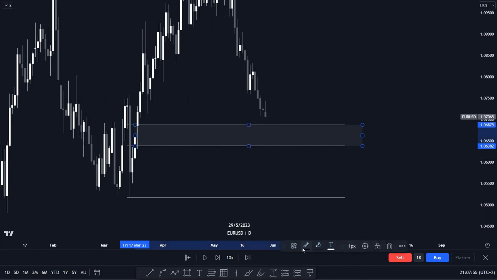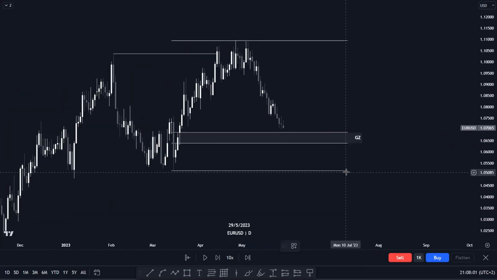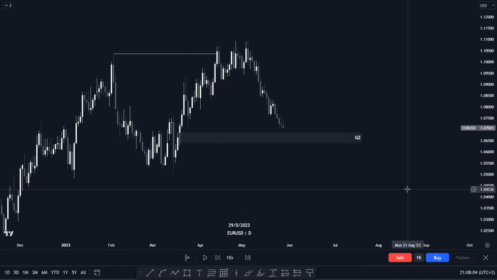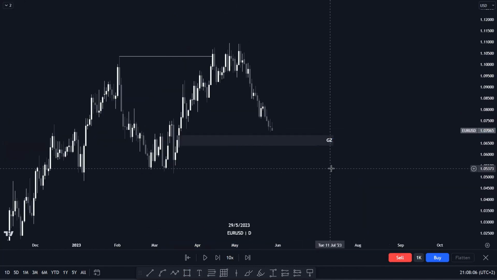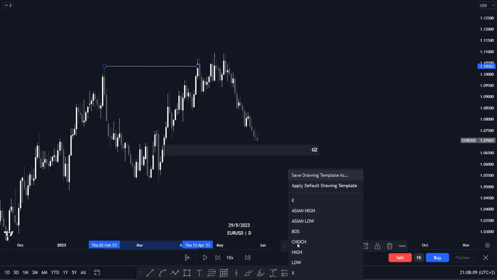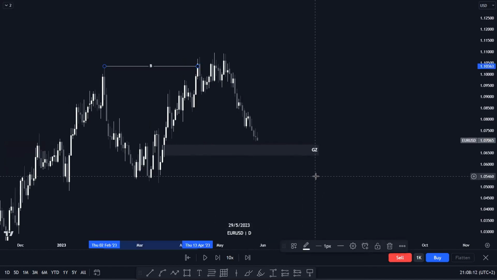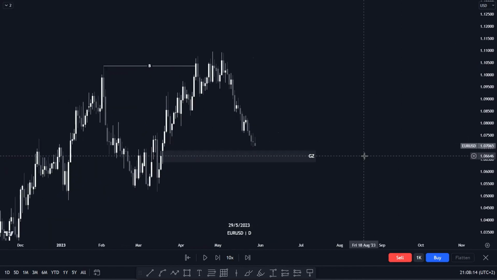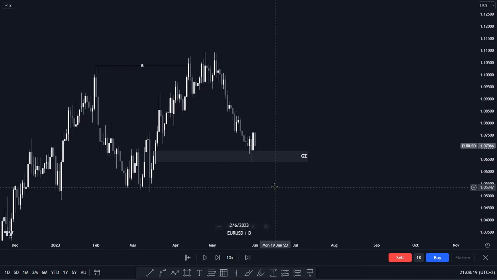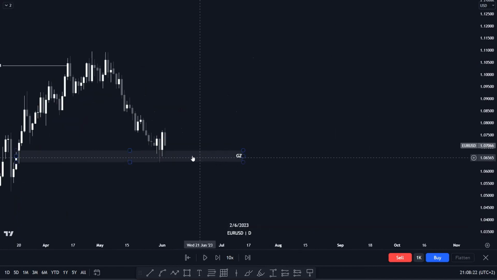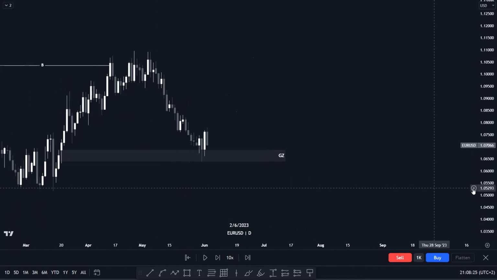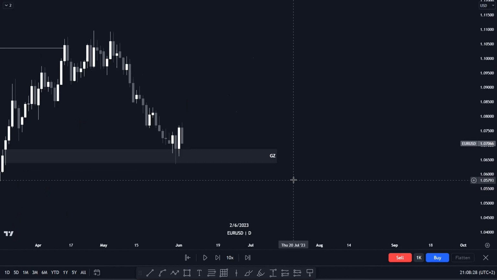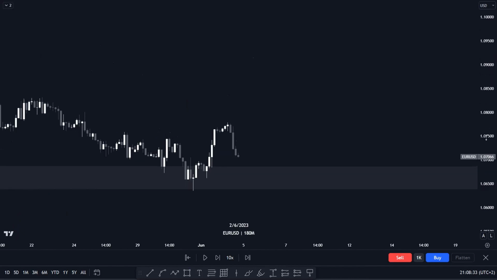Since this is on the daily time frame, immediately when price taps us into our golden zone entry, we are going to look for our confirmation entry so we can take our buying opportunities. So let's just play price and see. As you can see there, price taps us in and spikes us a little bit out of our golden zone entry. So let's just scale down into our lower time frame to look for our confirmation entries.